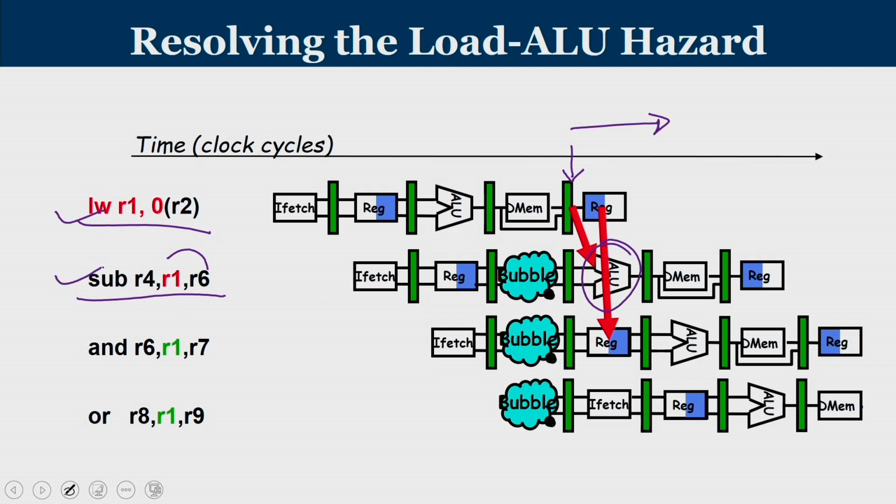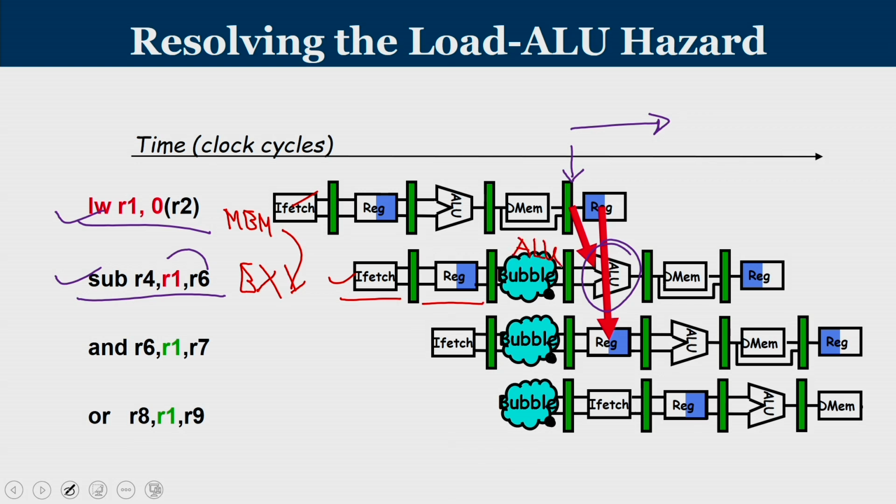I will repeat once again, the ALU stage or the EX stage of the subtraction instruction can happen only after the MEM stage of the load is over. So, that is the tricky condition here. So, if I am going to start fetching here and decoding here, ideally the ALU should come here.